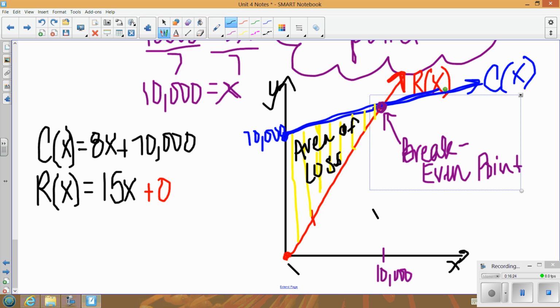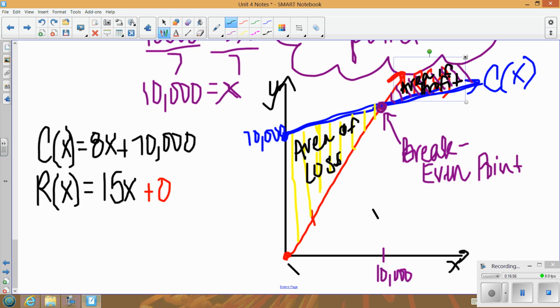And then on the positive side would be in this region up here. This region is going to represent an area of profit, because once you've sold 10,000 items, you're going to be making more than what you put in.